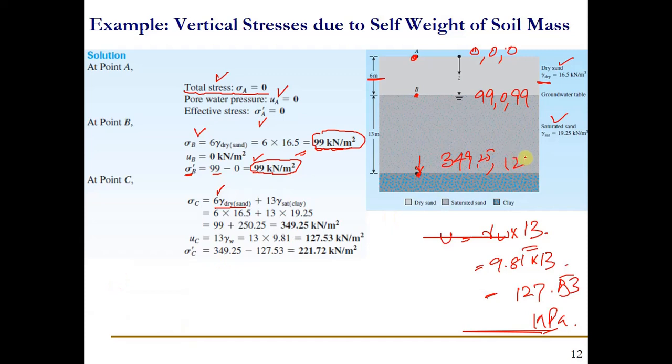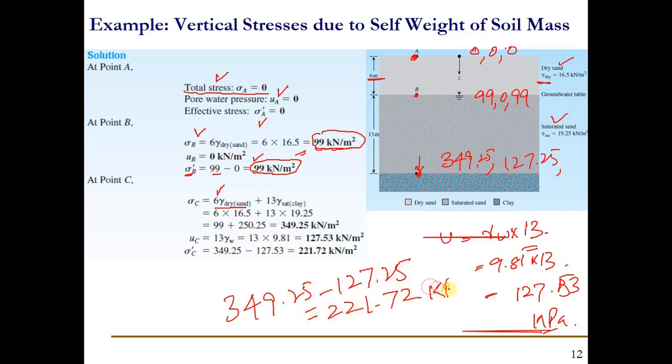It's 127.25, and if you subtract 127.25, this will give us 221.72 kilopascal of the effective stress which is given here.